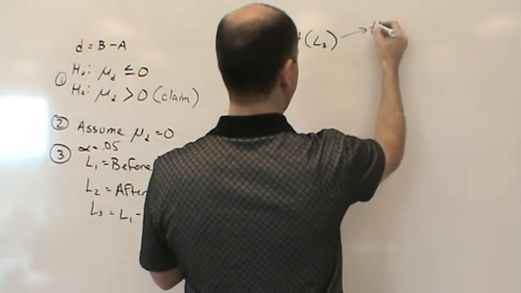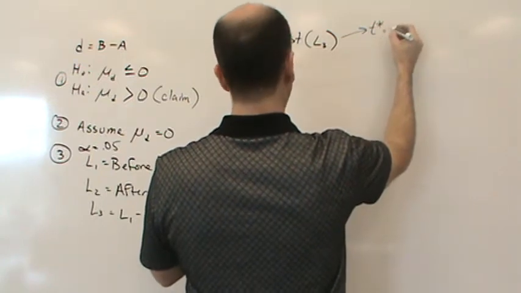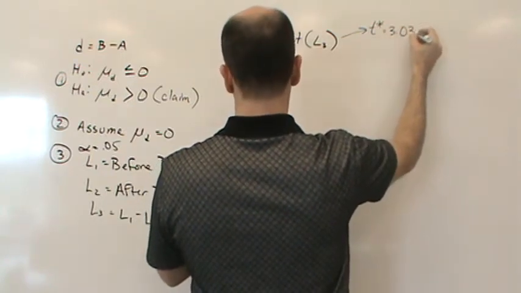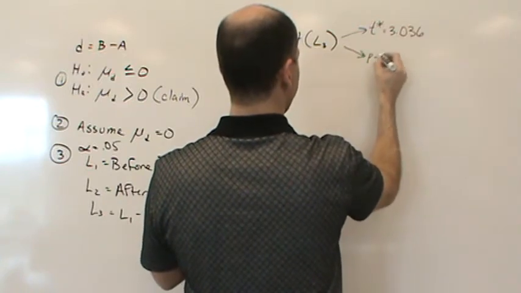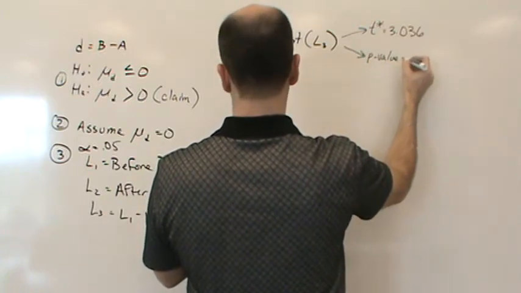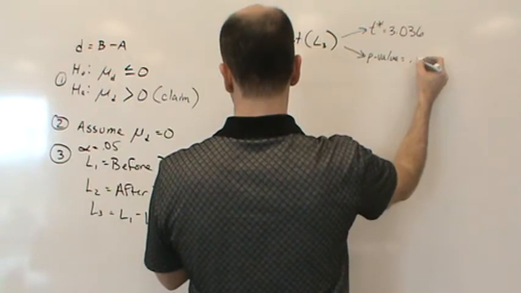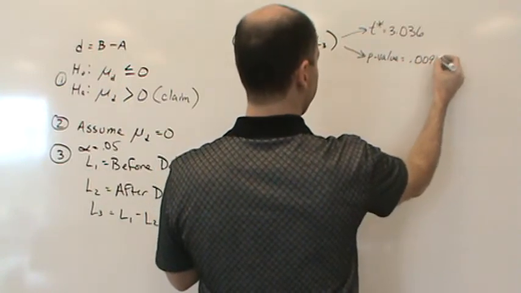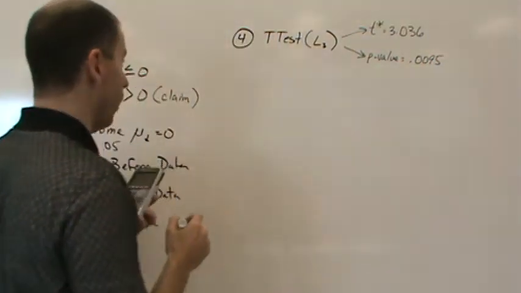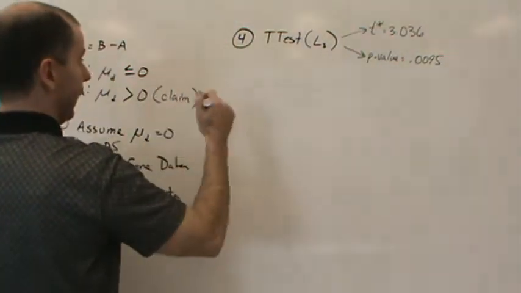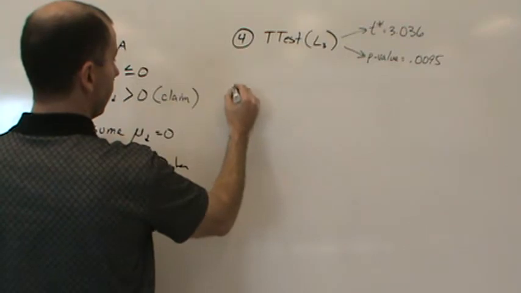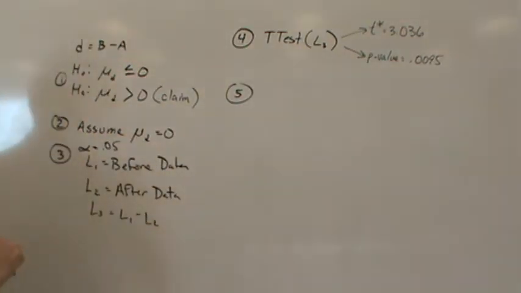So now, my T star is equal to 3.036, and my p-value is equal to 0.0095. Now I can use the p-value method, and test this and make my comparison with the p-value.